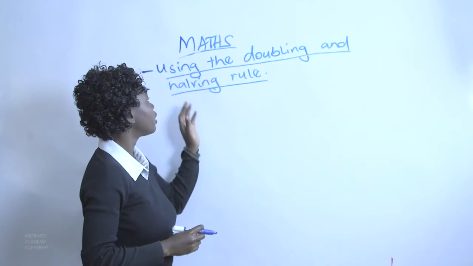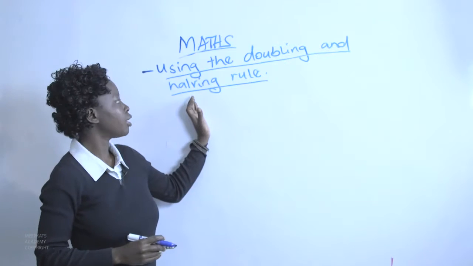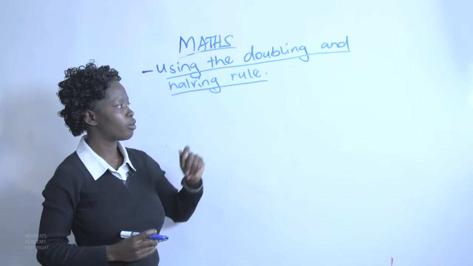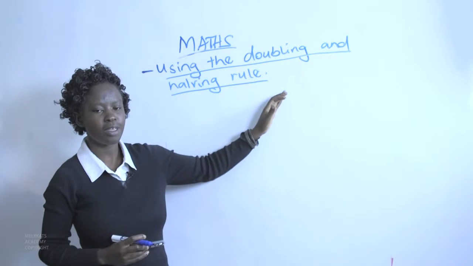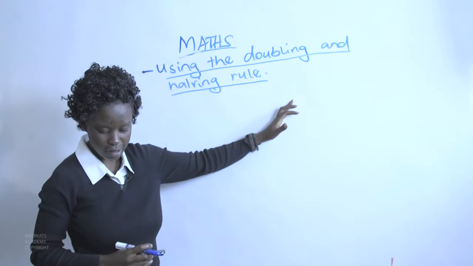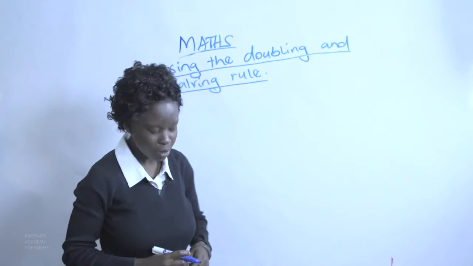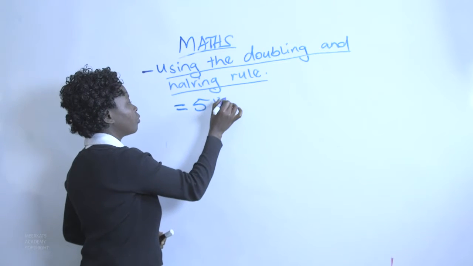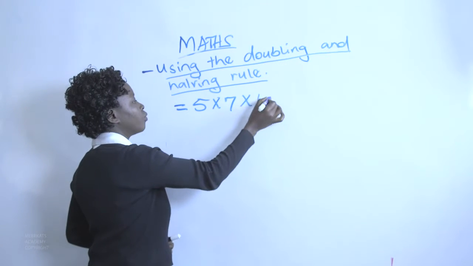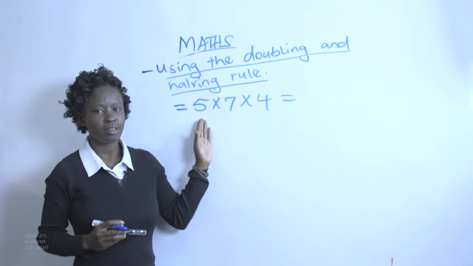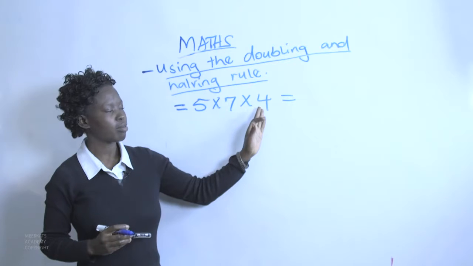So the other method is using the doubling and the halving rule, whereby you double one of the digits, then halve the other digit, and go ahead and multiply. For instance, if you are having the following, we have 5 times 7 times 4.